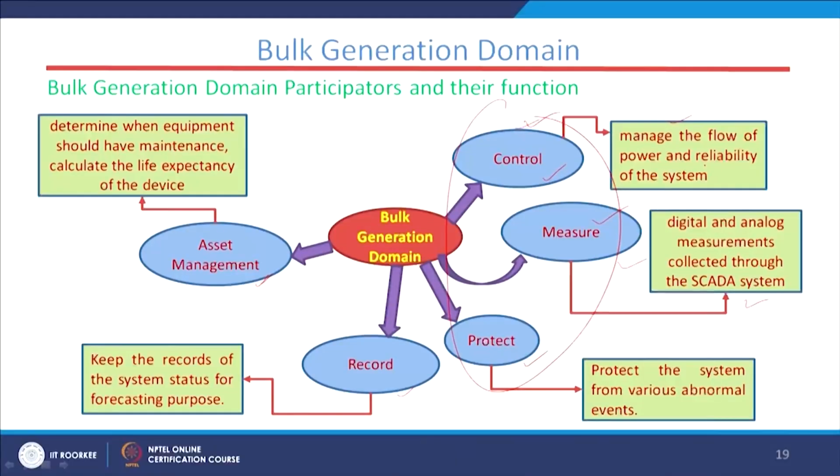We have to make it more accurate and faster, and WAMS is one of those. So, with the help of those equipments, we will measure, we will store, we can monitor the data, power flow or voltage or current or frequency information. Now, as far as the control part is concerned, we have to manage the flow of power and the reliability of the system.